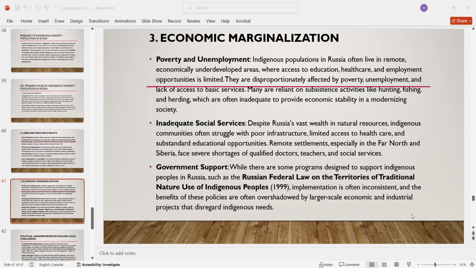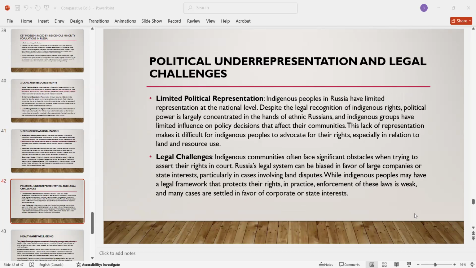Economic marginalization, poverty and unemployment, inadequate social services, government support. So that is also similar to Australia. And political underrepresentation and legal challenges, limited political representation. So indigenous people are not educated. So there's no political power.